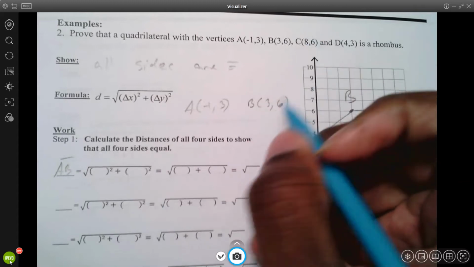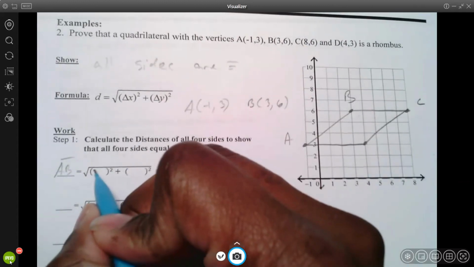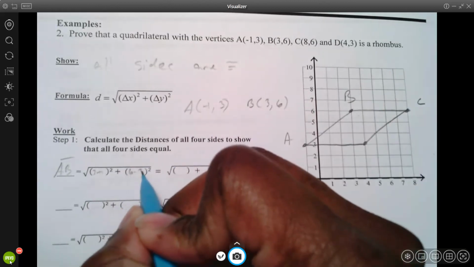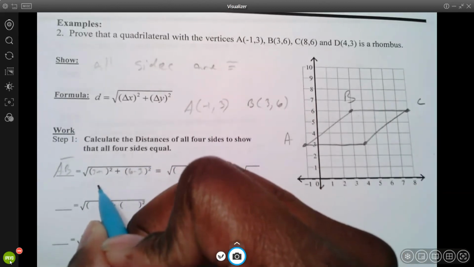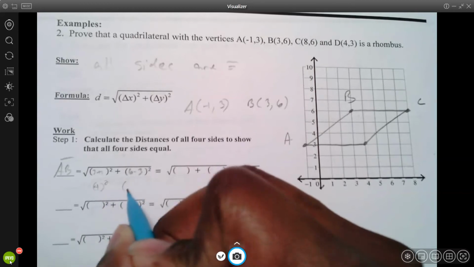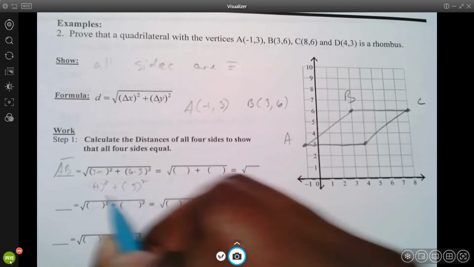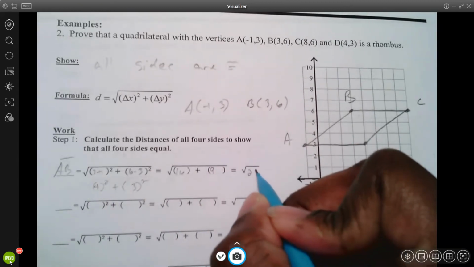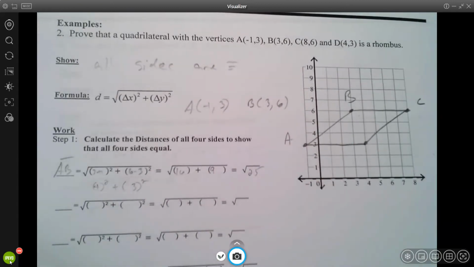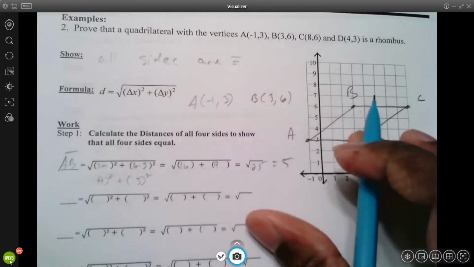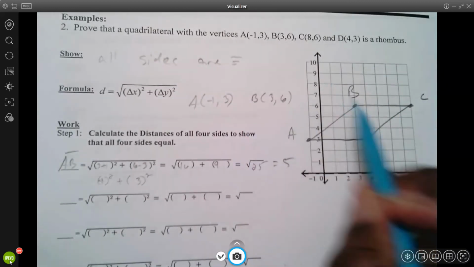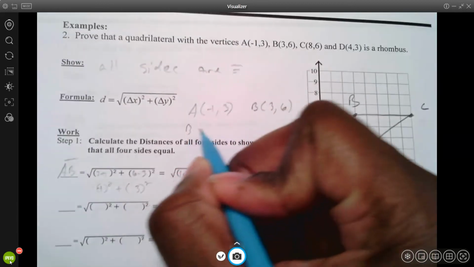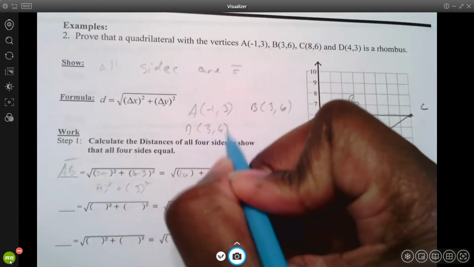equals 3 take away negative 1, so 3 plus 1, and 6 take away 3. So 3 plus 1 is 4 squared. 6 take away 3 is 3 squared. That's 16 plus 9, and that's 25, which is 5. And then I want to find the distance from B to C. So B is 3, 6.